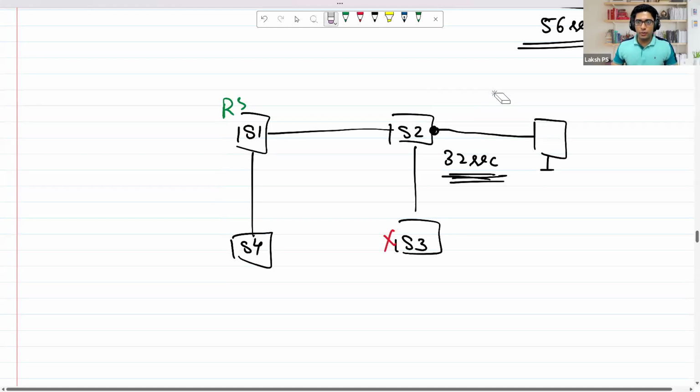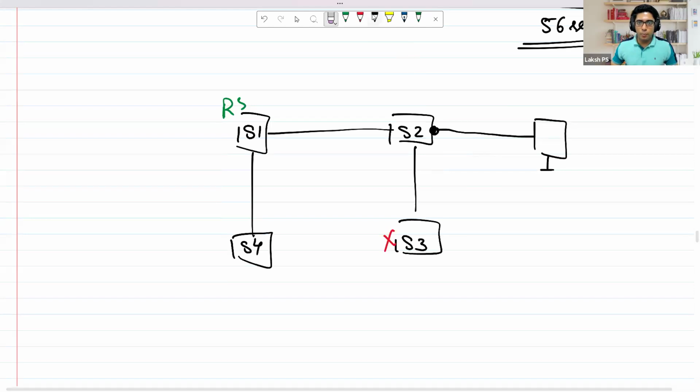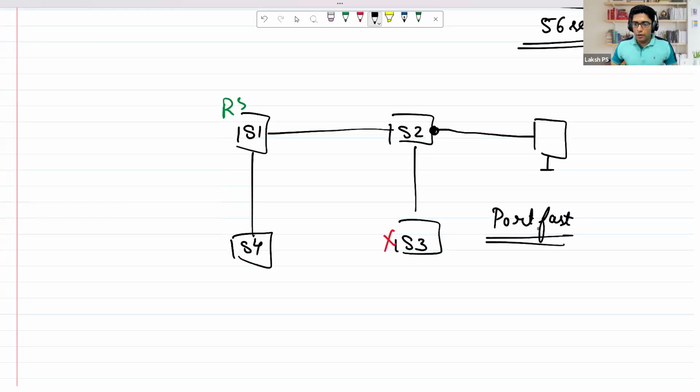So in order to lessen the time, we came up with something called a port fast interface. Basically, the interface is fast, or that port is fast. So we always enable port fast on those interfaces where we know they are being connected to an end device.